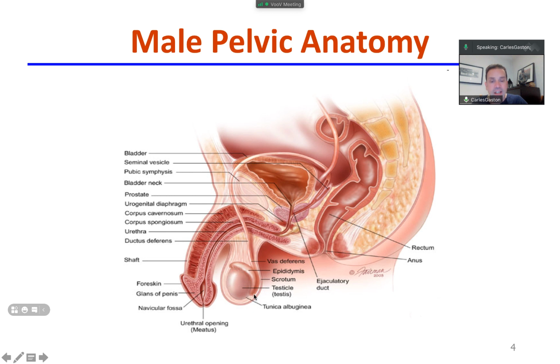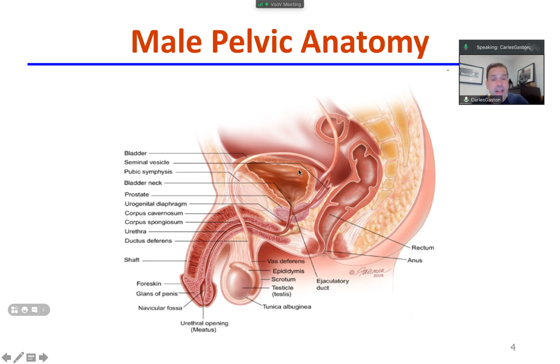The testes are surrounded by the epididymis and connected with the vas deferens, and they are inside the scrotum, outside of the body, because the temperature needs to be a few degrees below the normal body temperature. Their main function is to produce the sperm.